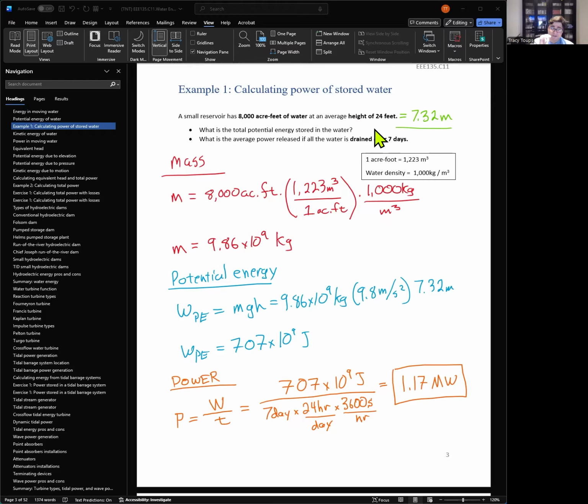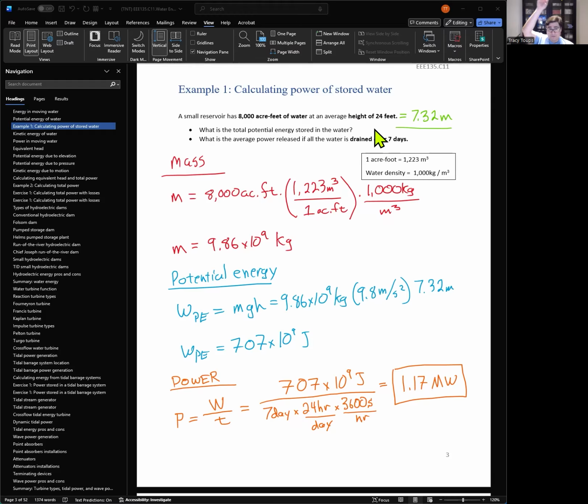So the average height of the water is 7.32 meters above us. And then what's the total amount of potential energy stored behind the dam, because they'll want to rush towards us and fall down? And then what is the average power release if the water is drained over 7 days? So if we let the water slowly drip out or move out of the reservoir over the course of 7 days, what's the average power?